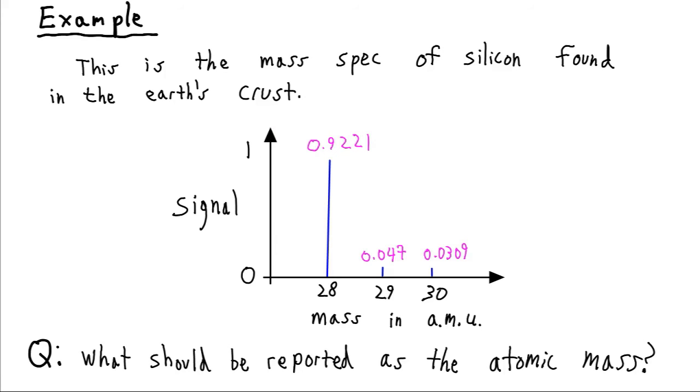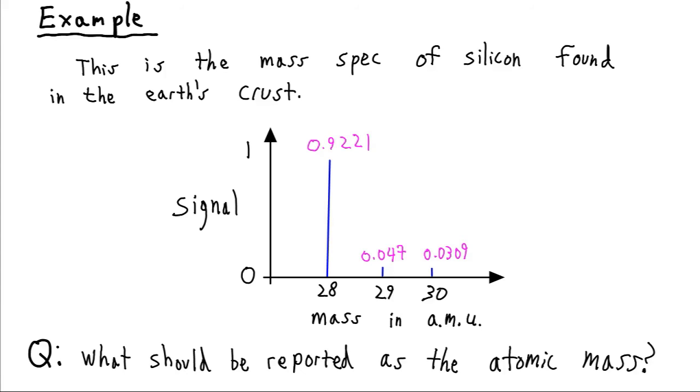The masses which come up in our mass spectroscopy are 28 AMU, 29 AMU, and 30 AMU. These are our three different isotopes. You can see that the mass 28 isotope is by far the most abundant. It makes up 0.9221 fraction of the sample, which you can think of as 92.21%, and then a very moderate fraction of these other two.